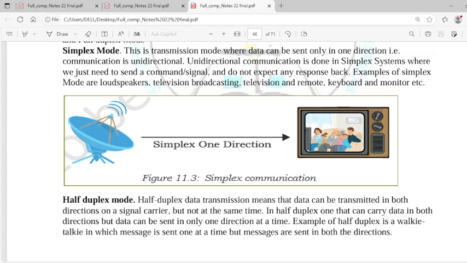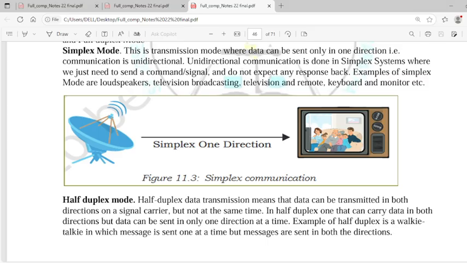A simplex mode is a transmission mode where data can be sent only in one direction. That is, the communication is unidirectional. Uni means one, meaning one directional. The communication is only in one direction, not in both directions.